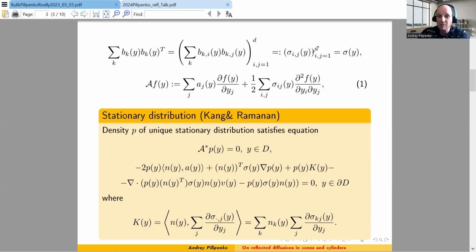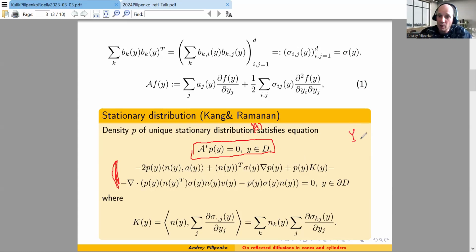I can write the stationary distribution for the process Y of t. It satisfies some elliptic equation in D, so its density, with some boundary conditions. So there is an explicit formula. And we have exponential mixing. What does it mean?